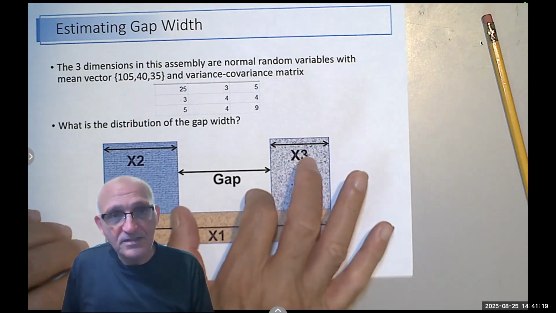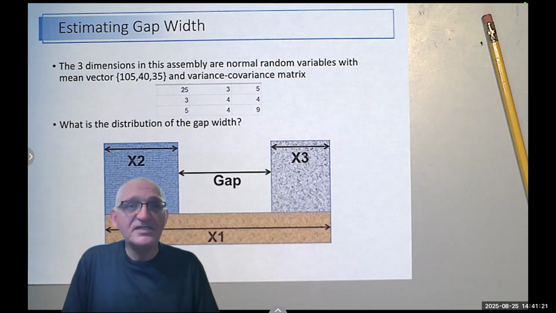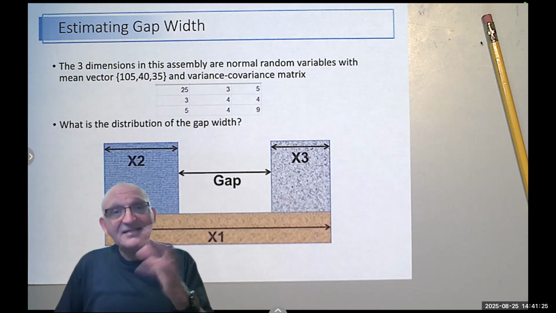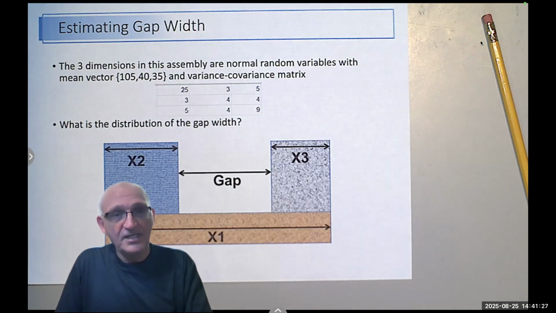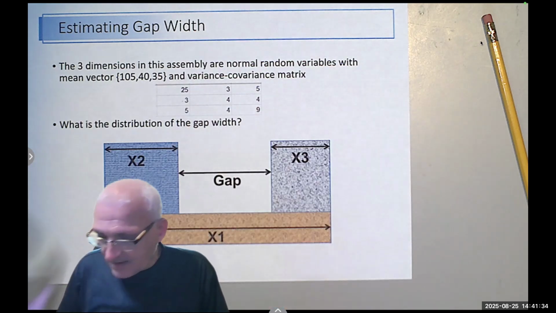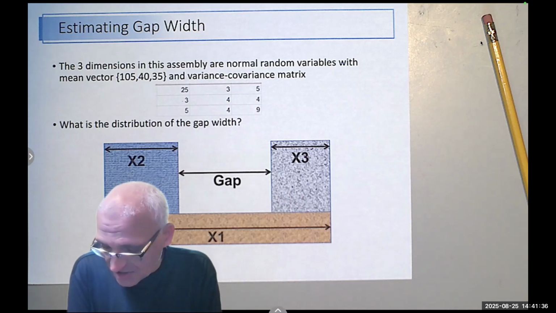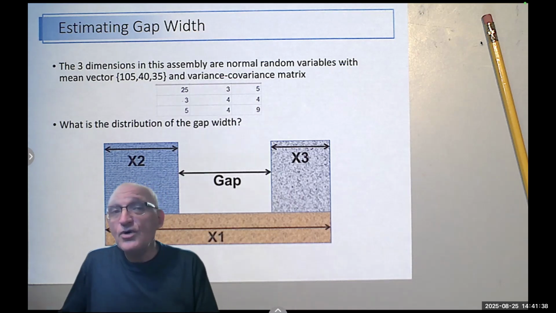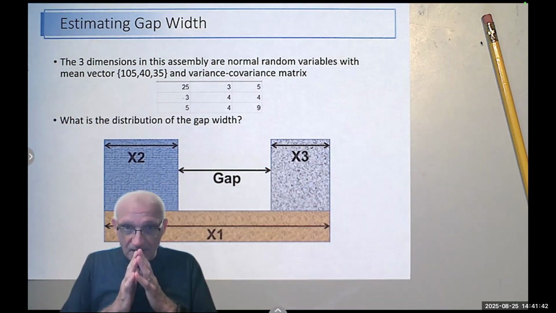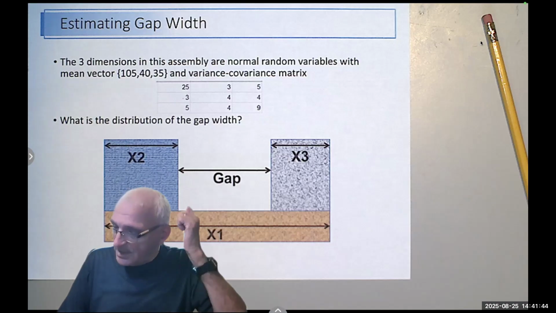So the mean was 30, and then we found the variance using the variance covariance matrix, and we did the math, and we ended up with the variance being also 30, remember? And then we took the square root of that, and we got 5.4 something as the standard deviation of the gap.